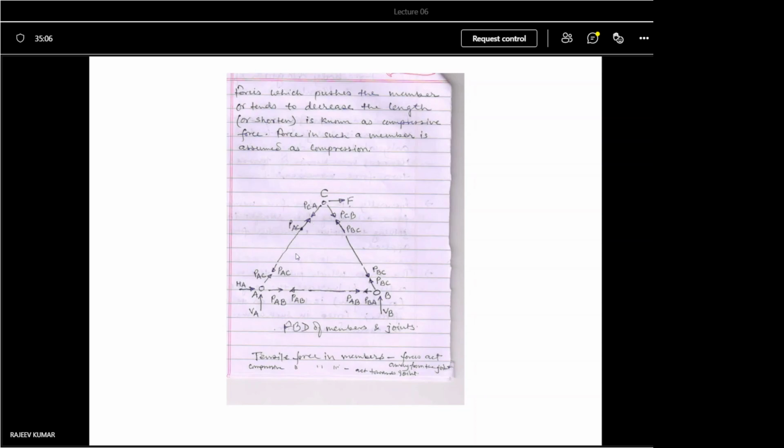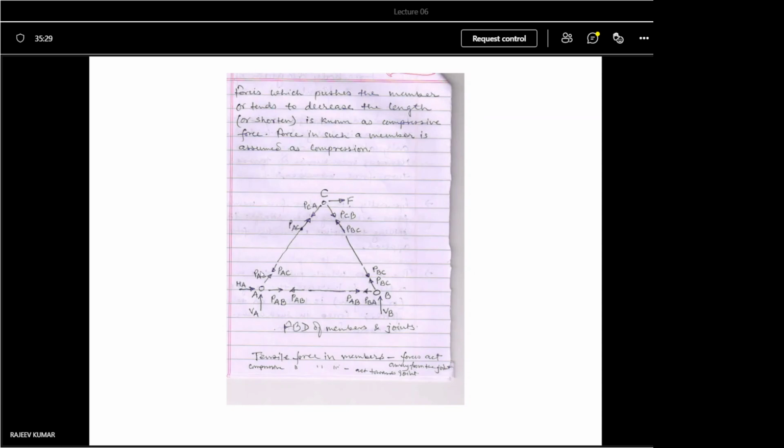Now suppose it acts in the C direction, so force from A to C. The starting joint, from where it starts, you put first, and where it is going you put second, in the suffix.